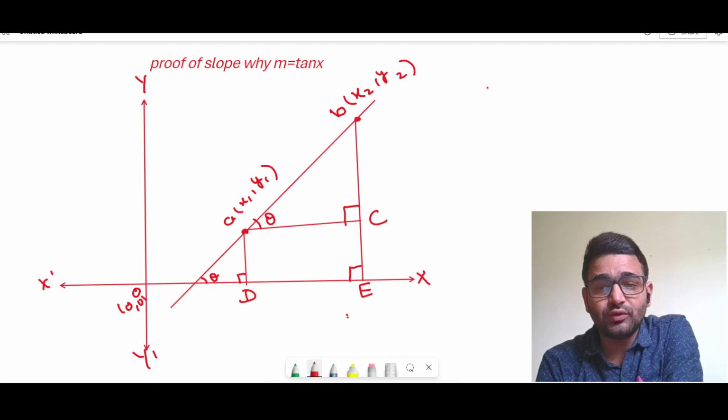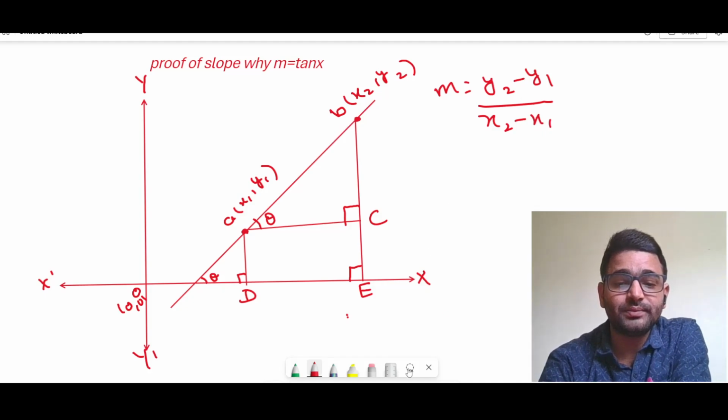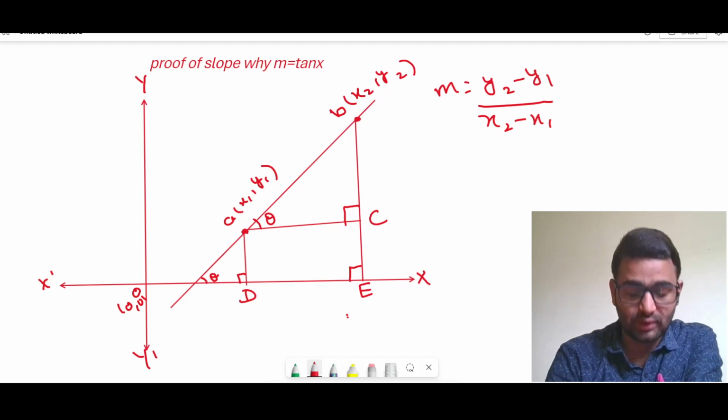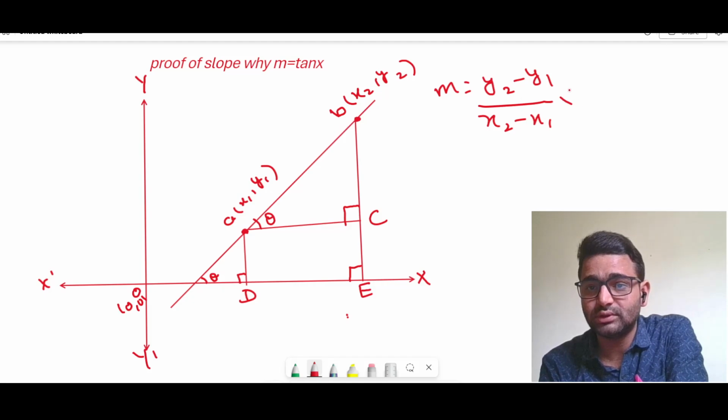So what do I have to prove? I have to prove m is equal to (y2 minus y1) by (x2 minus x1). Why is it so? Let's see how it is this and why it is equal to tan theta.